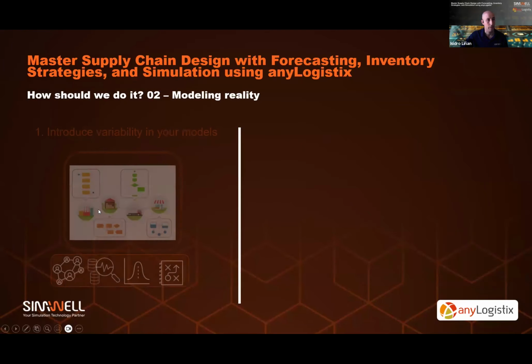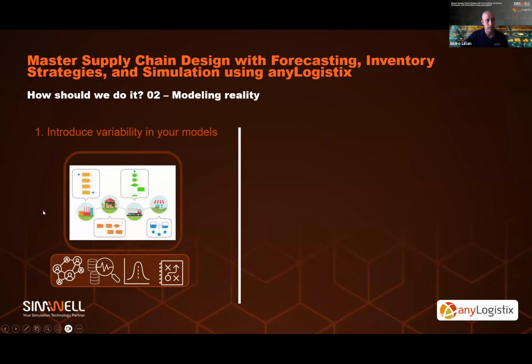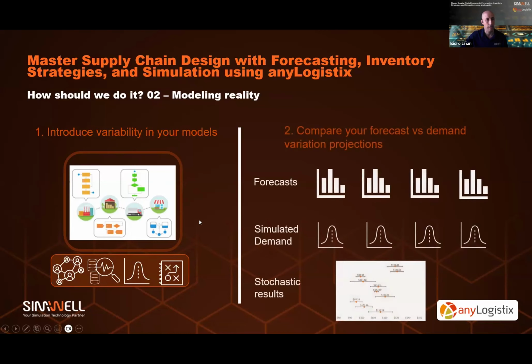Then, the second step, once we have our stakeholders convinced about the stochastic understanding, is to introduce variability in our models, talking to our stakeholders, analyzing our data, understanding the variability and the distributions, understanding the policies, and then leveraging a powerful feature in anyLogistix, which is comparing forecast and decoupling forecast with variation.